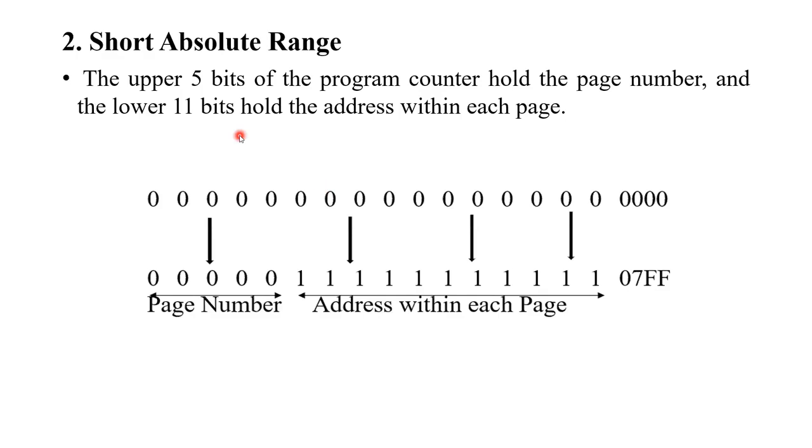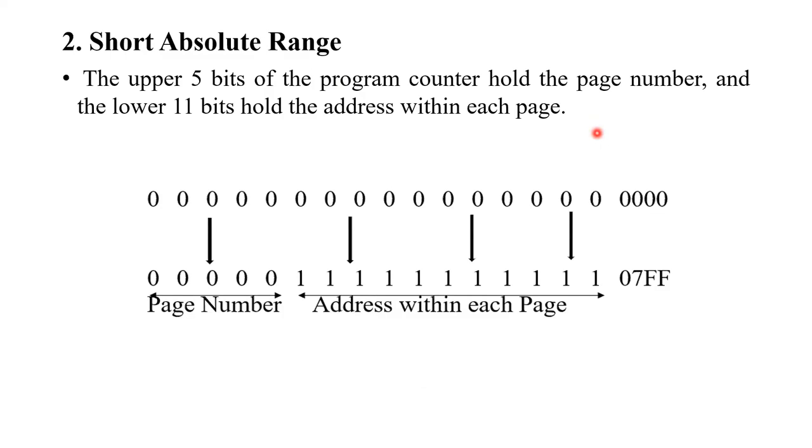And here, the upper 5 bits of the program counter hold the page number, and the lower 11 bits hold the address within each page.